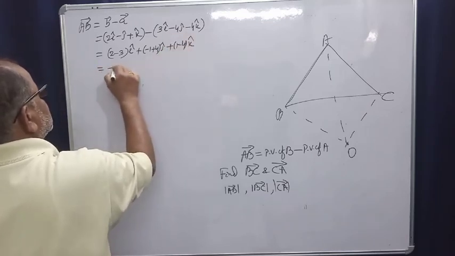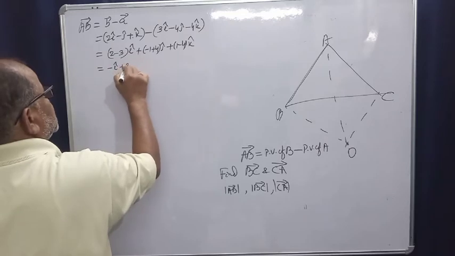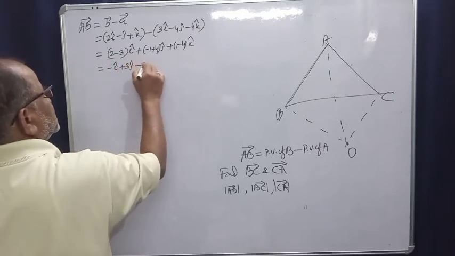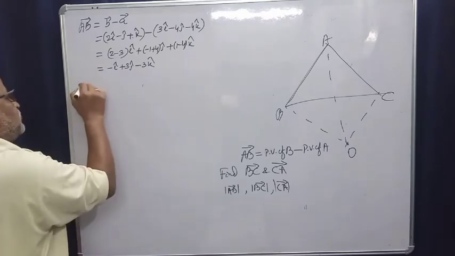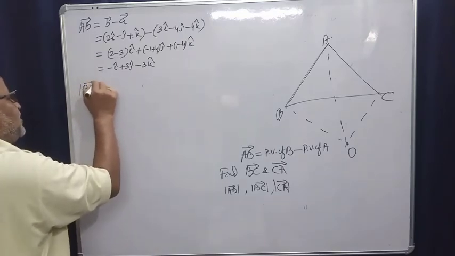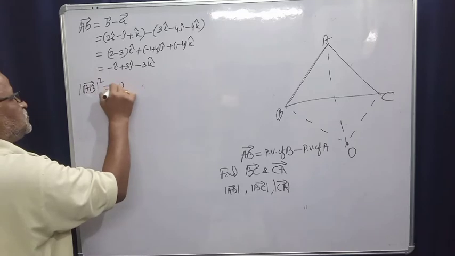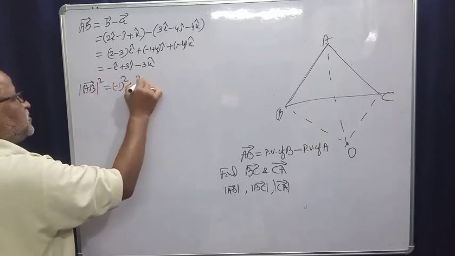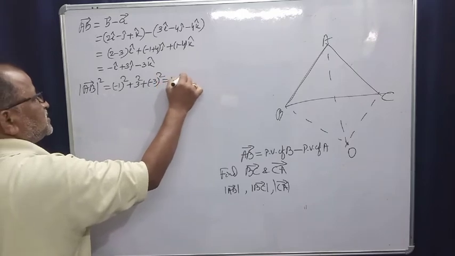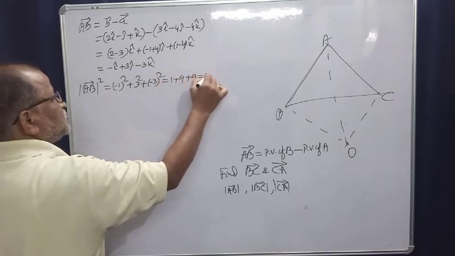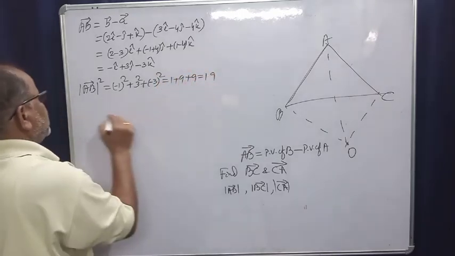This is minus i cap plus 3j cap minus 3k cap. So find out magnitude of AB square is equal to minus 1 square plus 3 square plus minus 3 square. That is 1 plus 9 plus 9, that is equal to 19.